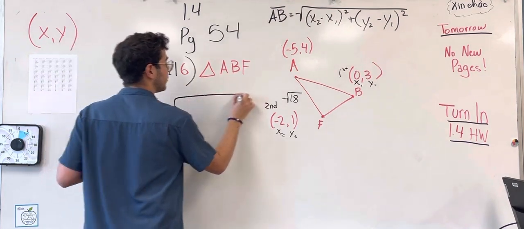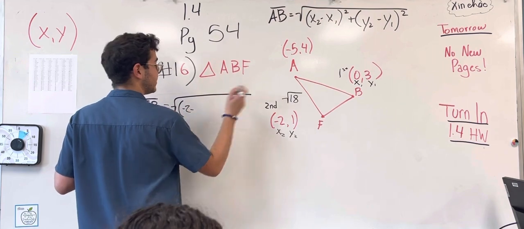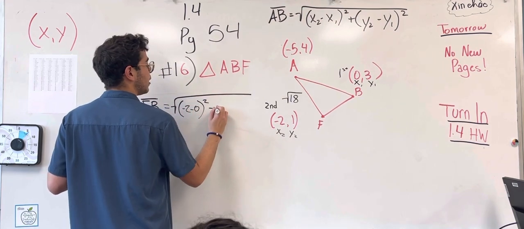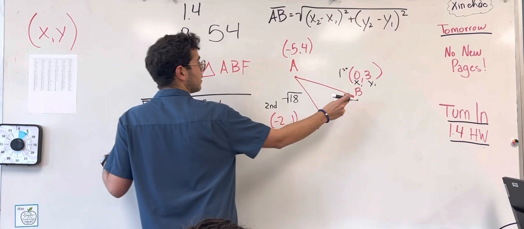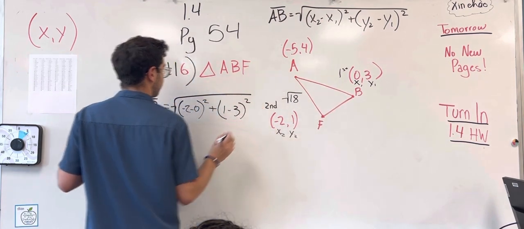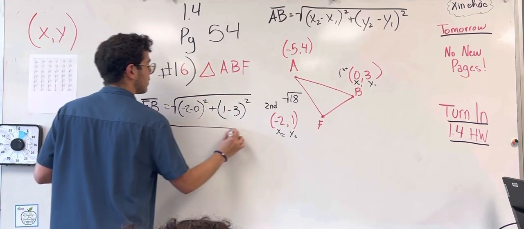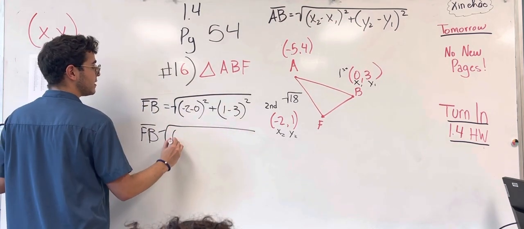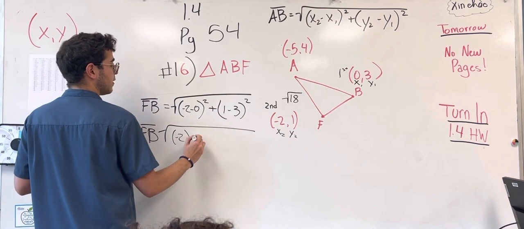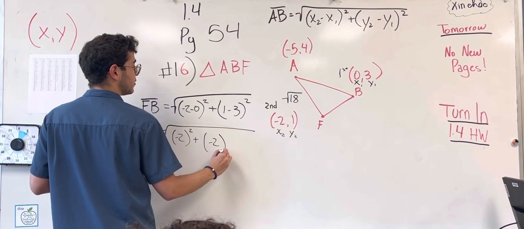FB is the square root of x2, which is -2, minus 0, squared, plus y2, which is 1, minus 3, squared. So FB, -2 minus 0 is still negative 2, plus 1 minus 3 is negative 2 squared.